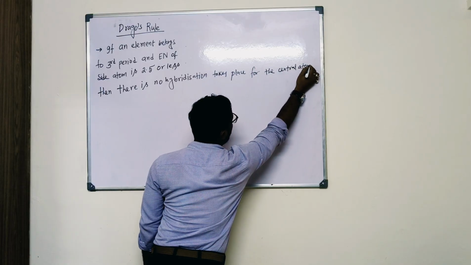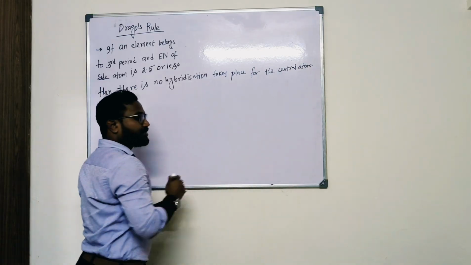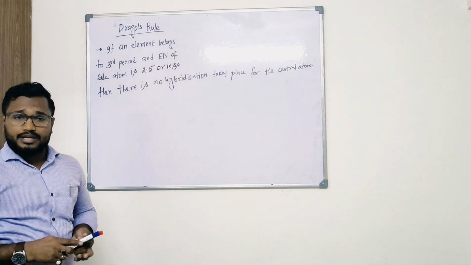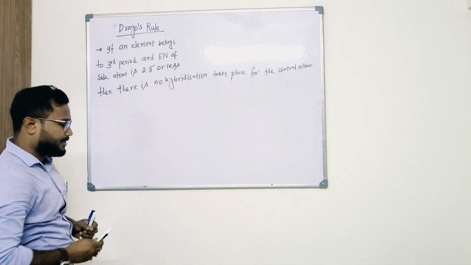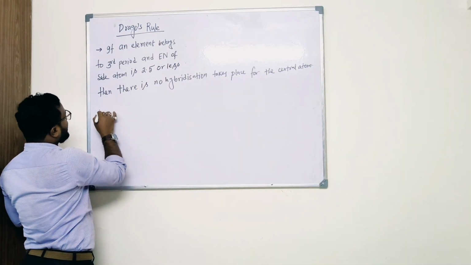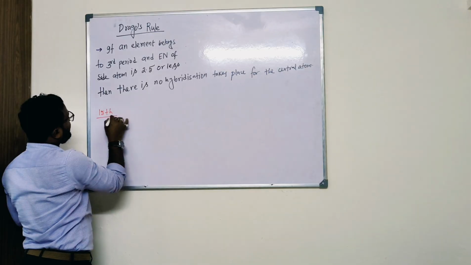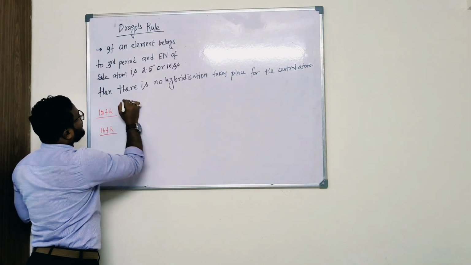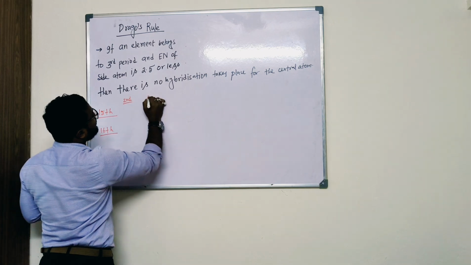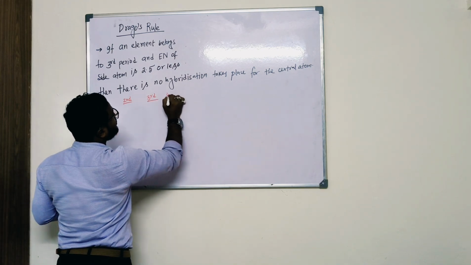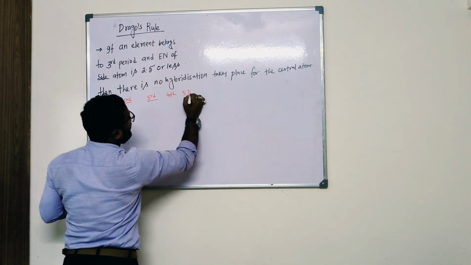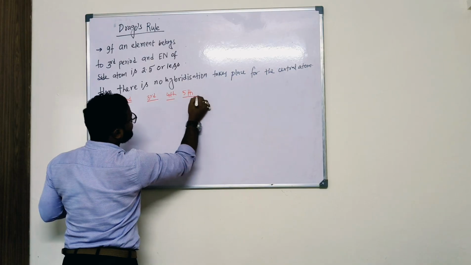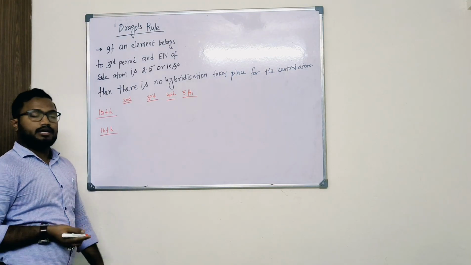Now let's take an example: in which of the following cases will hybridization not take place? We are taking group 15 and group 16 elements which are present in the second, third, fourth and fifth periods.